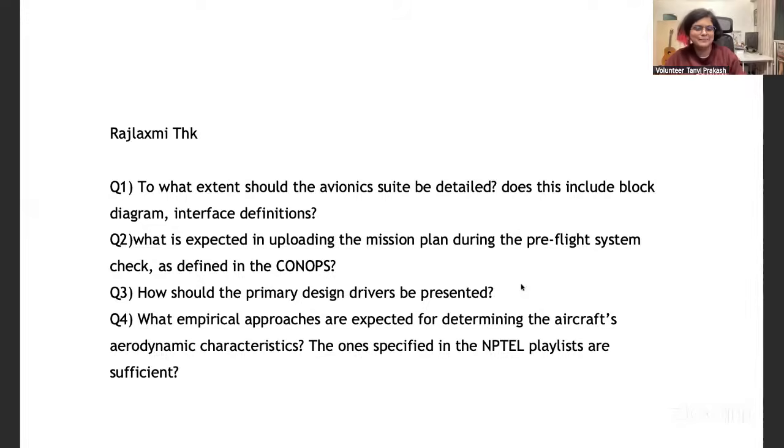I like it. The answer to this is that yes, the avionics suite should be detailed to a preliminary design level, which means you have to include a block diagram that clearly shows the primary avionics which are there in it.